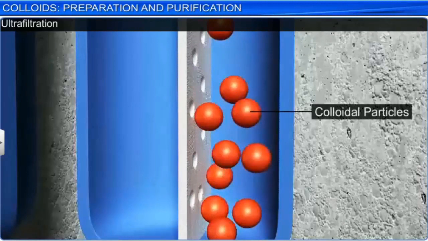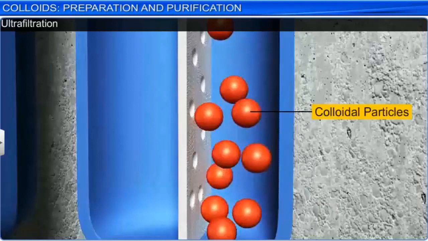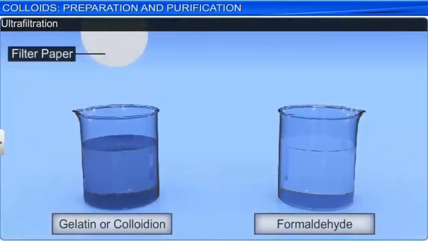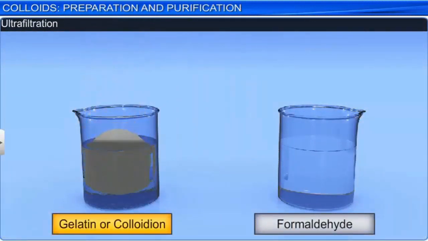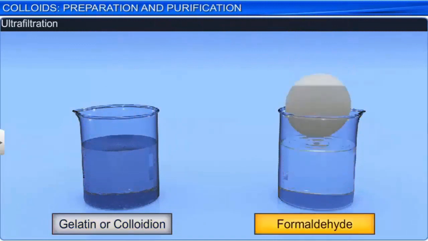The size of the pores in the filter paper can be decreased by soaking it in a solution of gelatin or colloidion, followed by hardening with formaldehyde. Usually a colloidion solution is a 4% solution of nitrocellulose in a mixture of alcohol and ether.